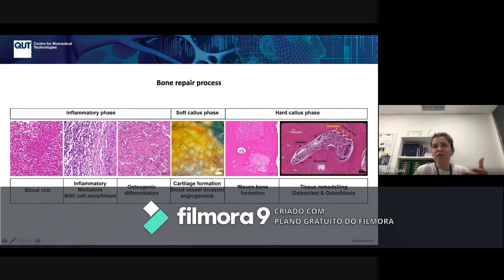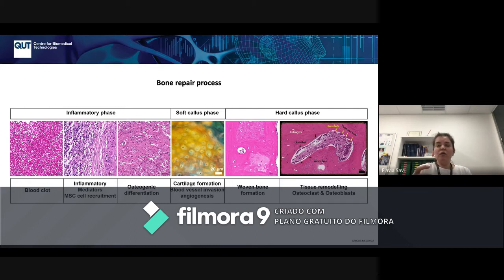These mesenchymal cells, as you know, can become bone, or they can become soft tissue, so they are important for the healing. Mesenchymal cells are going to differentiate into osteogenic cells, so bone cells, and they are going to create a soft callus, which is composed of cartilage. Cartilage is a softer tissue than bone, so it creates a template where the cells are going to grow.